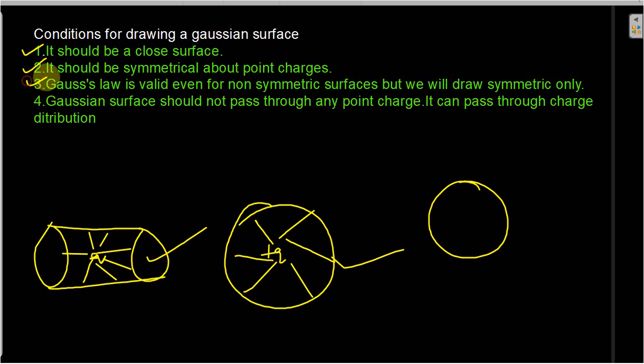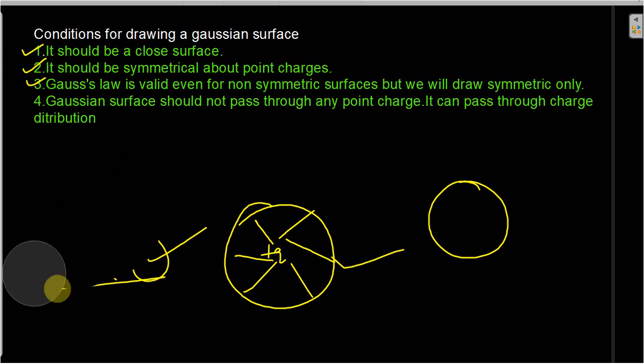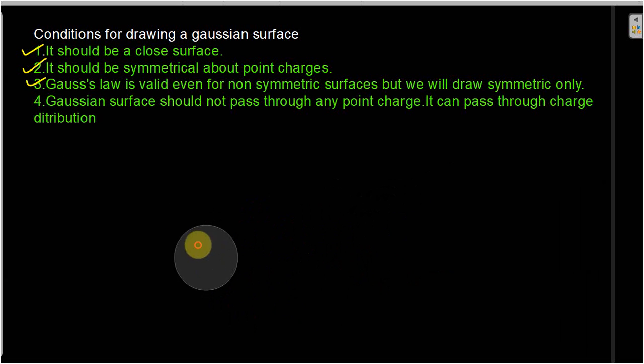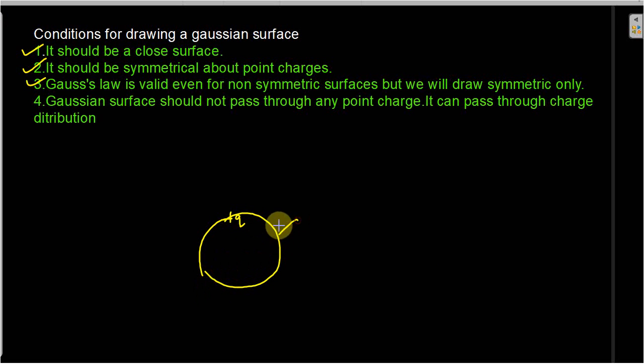Next one is the Gaussian surface should not pass through any point charge. It can pass through a charge distribution. So if you have one positive Q charge, you cannot pass the Gaussian surface through this charge. This is wrong.